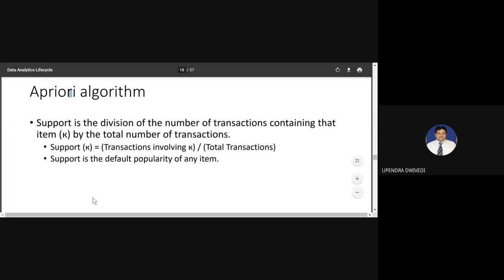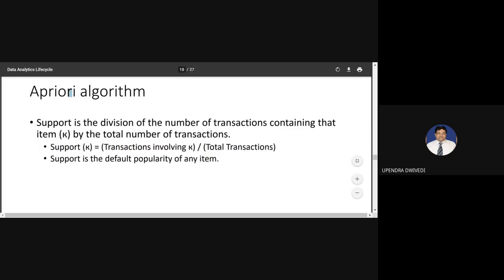So again, the definition: support is the division of the number of transactions containing that item, if you refer to that particular item as K, by the total number of transactions. So support of K equals transactions involving K divided by the total number of transactions.